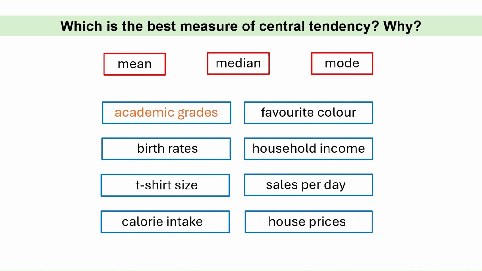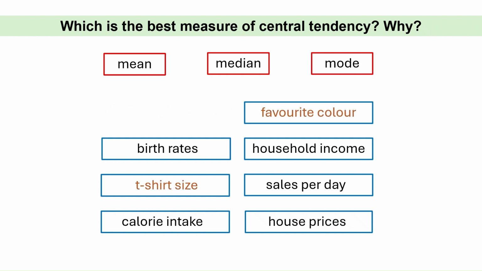For example, if the mean score is 1.5, it means that most students in the dataset scored either an A1 or an A2. For favorite color and t-shirt size, we should be using mode for comparison, since the mode will give us the most popular color and the most popular t-shirt size.